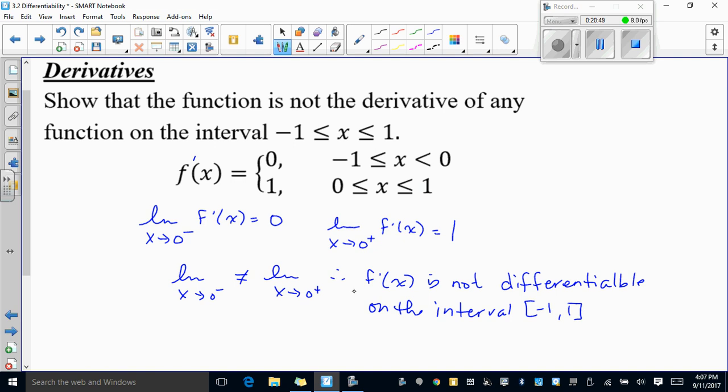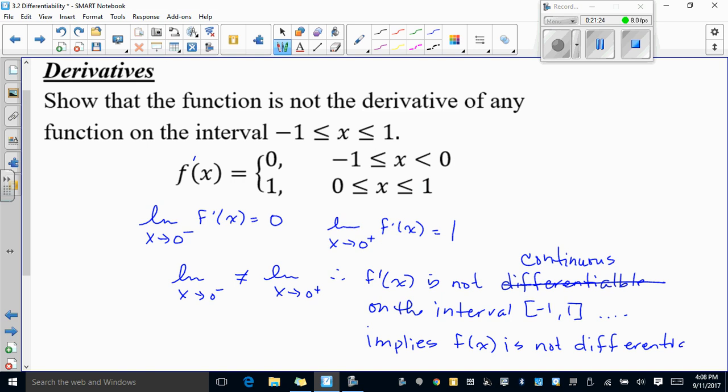Okay, which will also imply f prime is not continuous, sorry about that. I'm going to forget something here, which implies f of x, remember this is f prime of x is not differentiable. Sorry, I had them two mixed up. Is not differentiable on the interval of -1 to 1.